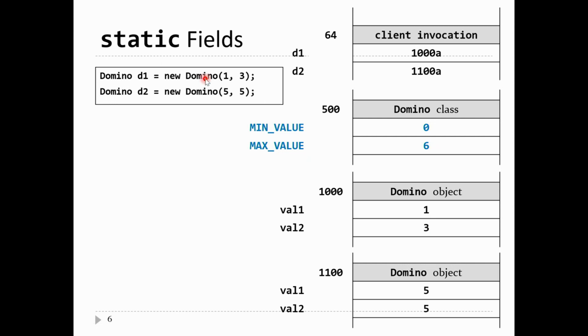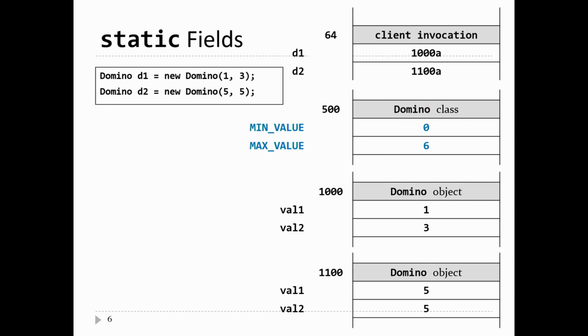Now, the rule in Java is when you use a class for the first time, that class gets loaded into memory somewhere. So the domino class appears here. I haven't been showing the classes in the previous memory diagrams, but now it's useful to know what they do.